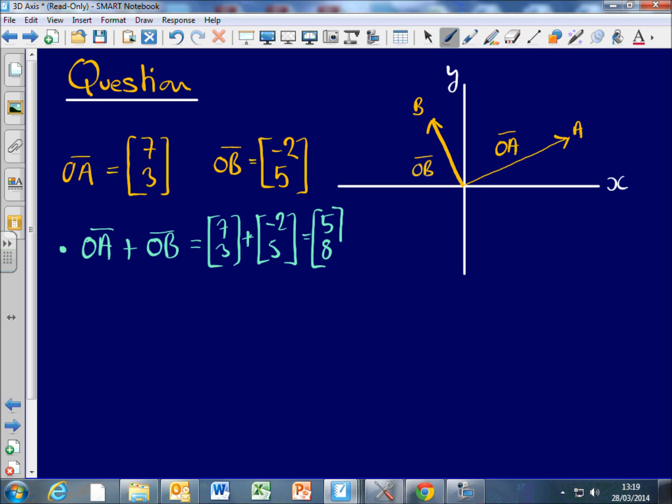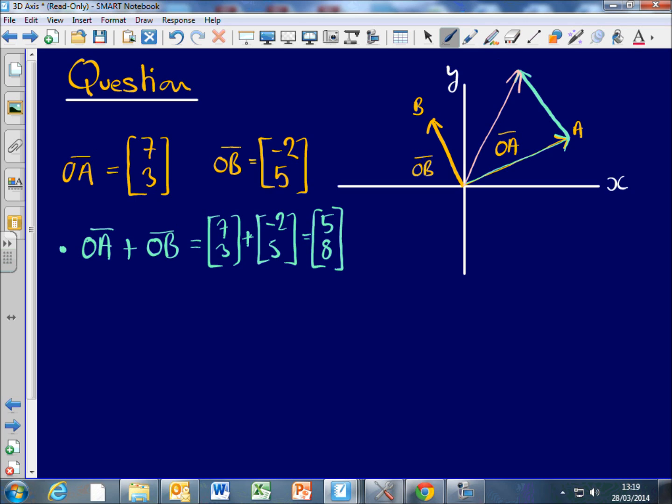Now I'm just going to draw up what we would do. O to A plus O to B is the same as going from O to A, so along here, and then once you're here, adding on O to B, which is something like that. So O to A plus O to B is this vector here, starting from where you started and finishing there.